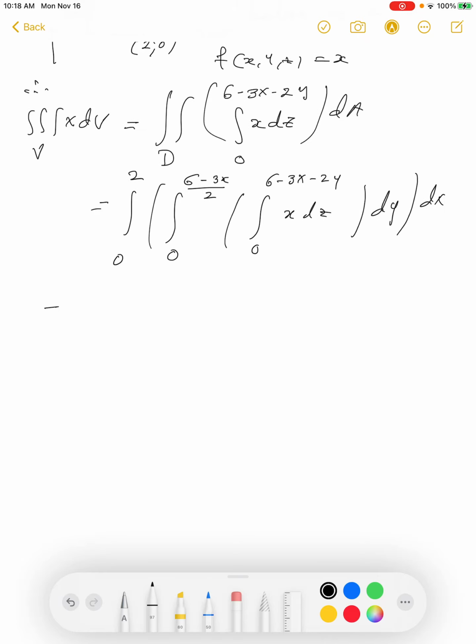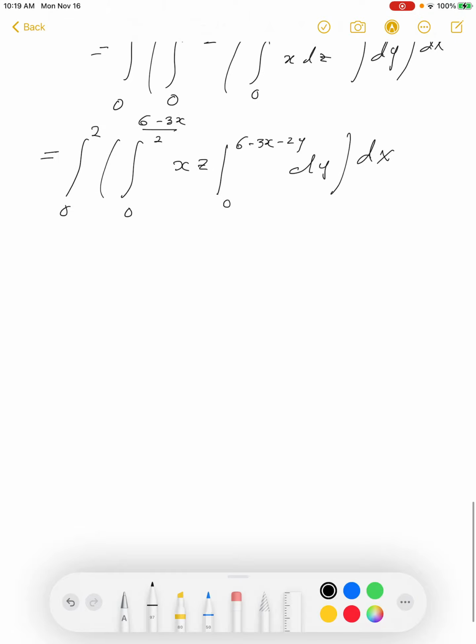So then you start working from inside. The rest is simple. Integral of x dz is x times z, and that will be between 0 to 6 minus 3x minus 2y, dy, and then dx.